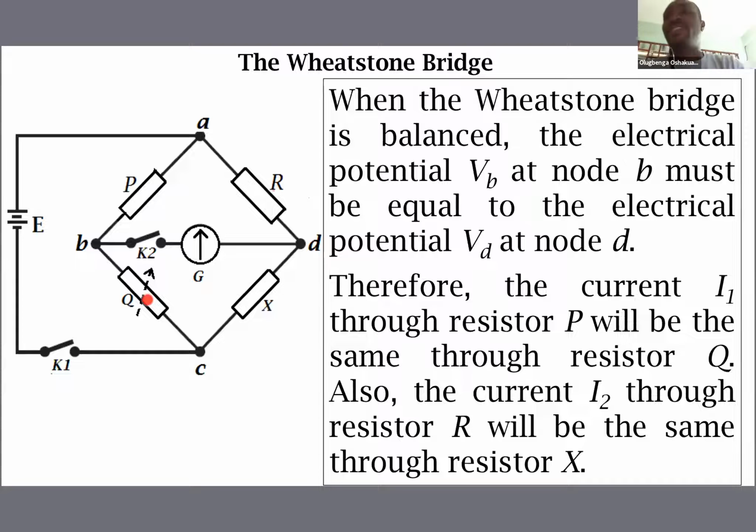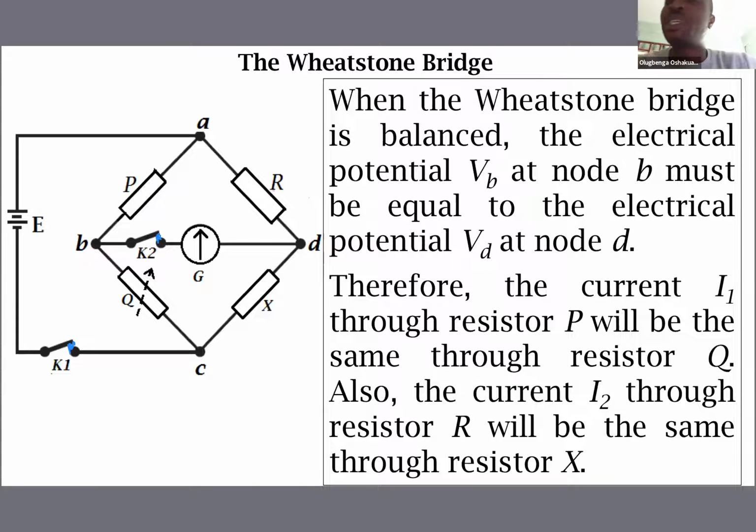Like I said earlier, when we close the keys K1 and K2, and we adjust variable resistor Q such that there is no deflection on the galvanometer, at that point it means current is not flowing through the galvanometer.